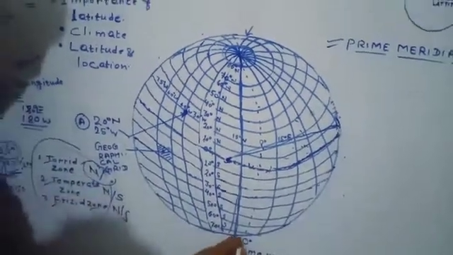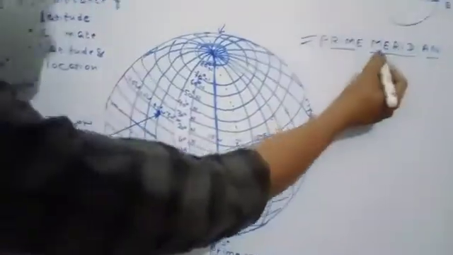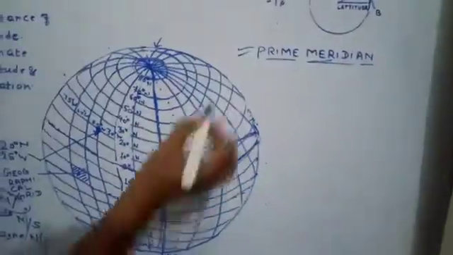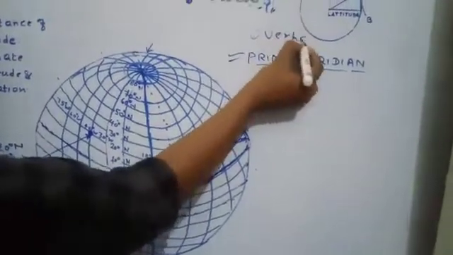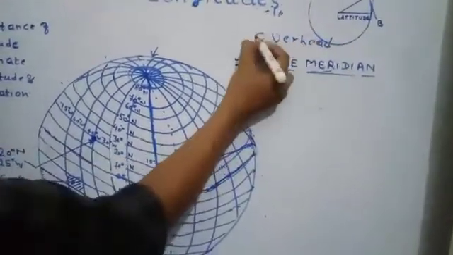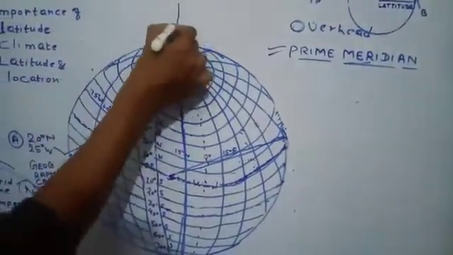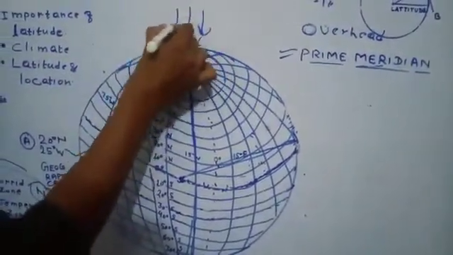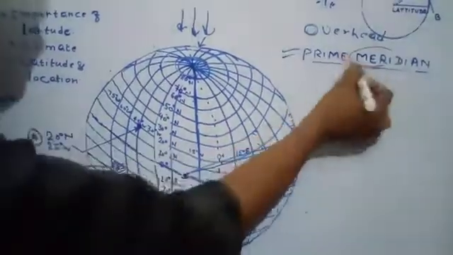What is the value of this longitude? 0 degree. Meridian means the line which faces the overhead sun. Overhead sun means when the sun's rays fall vertically, this area receives the overhead sun. That's why it's called a meridian.